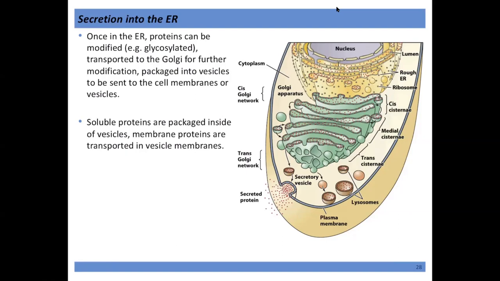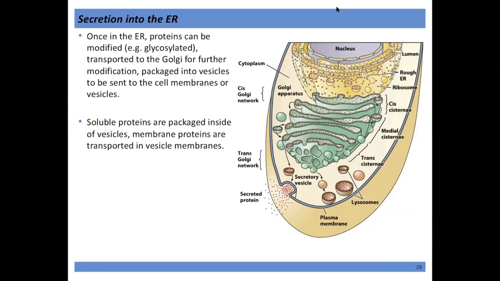And then what happens is you get budding off of the membrane from the rough endoplasmic reticulum. It's a little hard to see, but you'll have some integral membrane proteins, and then you'll have some that are going to be released, the secreted proteins. This then goes to the Golgi apparatus and binds to one of the leaflets there.